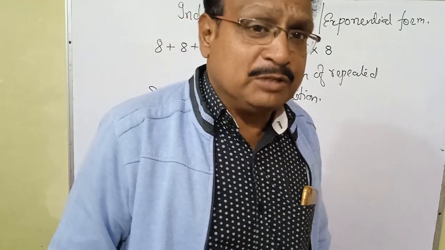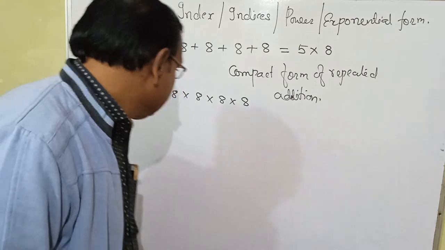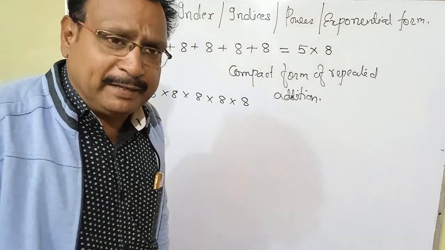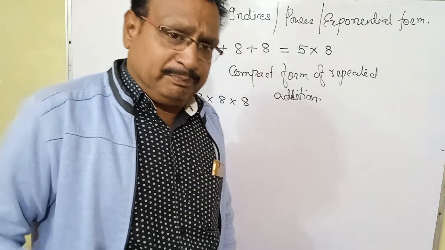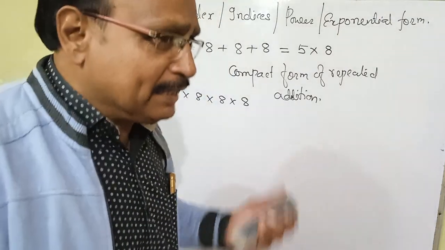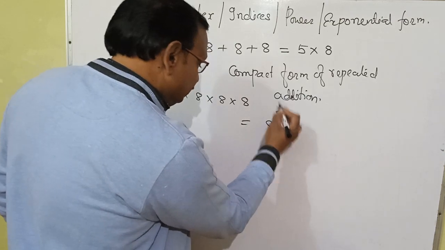Here 5 times is repeated multiplication. When we take repeated multiplication 5 times, then in simplest or compact form we can write it as 8 to the power 5.